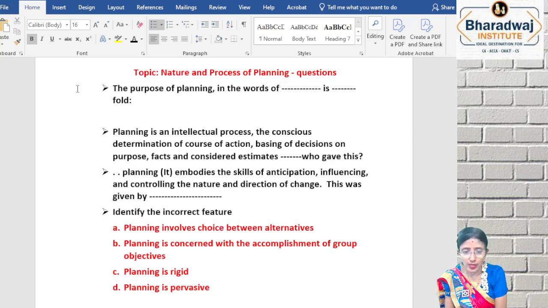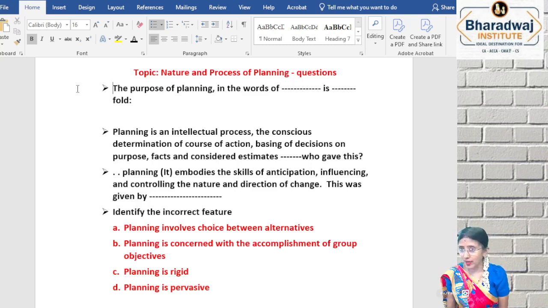Purpose of planning, in the words of Dash, is dash fold. Somebody says planning is of dash fold: 2-fold, 3-fold, 4-fold, 5-fold, 6-fold. Okay, so you have that in mind. Second question: planning is an intellectual process, the conscious determination of the course of action, basing of decision on purpose, facts, and considered estimates. Who gave this? Then, planning embodies the skill of anticipation, influencing, and controlling the nature and direction of change.